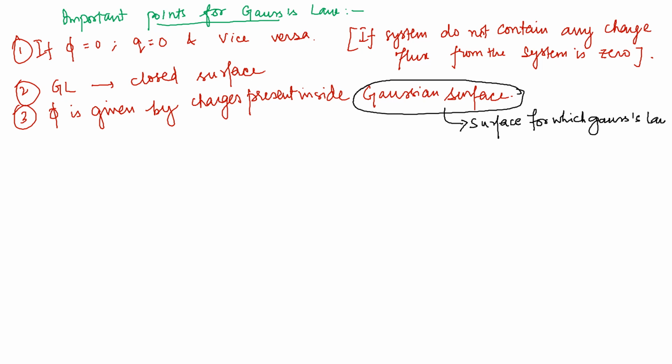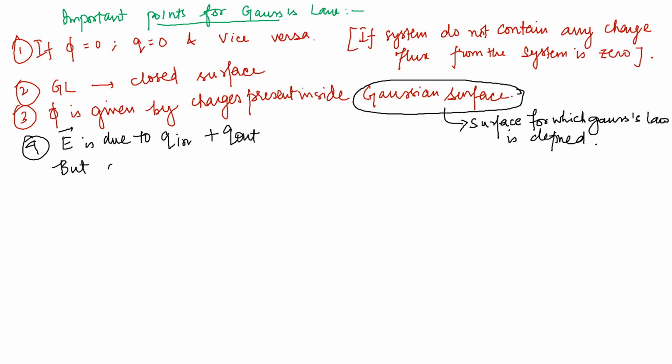Fourth, E is due to charges present inside the surface plus charges present outside the surface, but xi is always due to charges present inside the surface. It does not account for the charges present outside the surface.